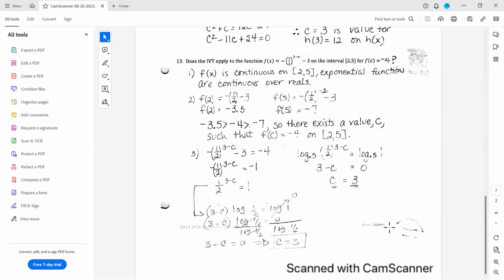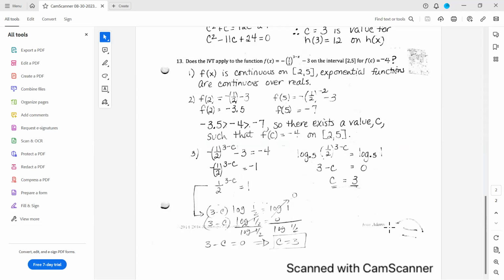Now, the second part of showing that the IVT applies is to evaluate your output. So go ahead and evaluate it.